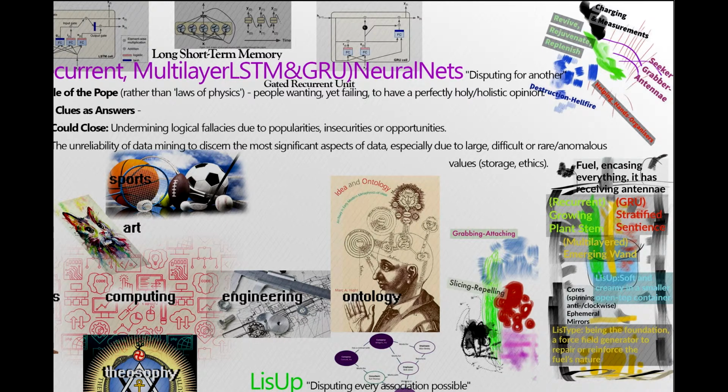Also had to say what it is. The recurrent being the basic form, kind of plants growing. I could say that just a higher form of. So the multi-layered would be the LSTM, long short-term memory.